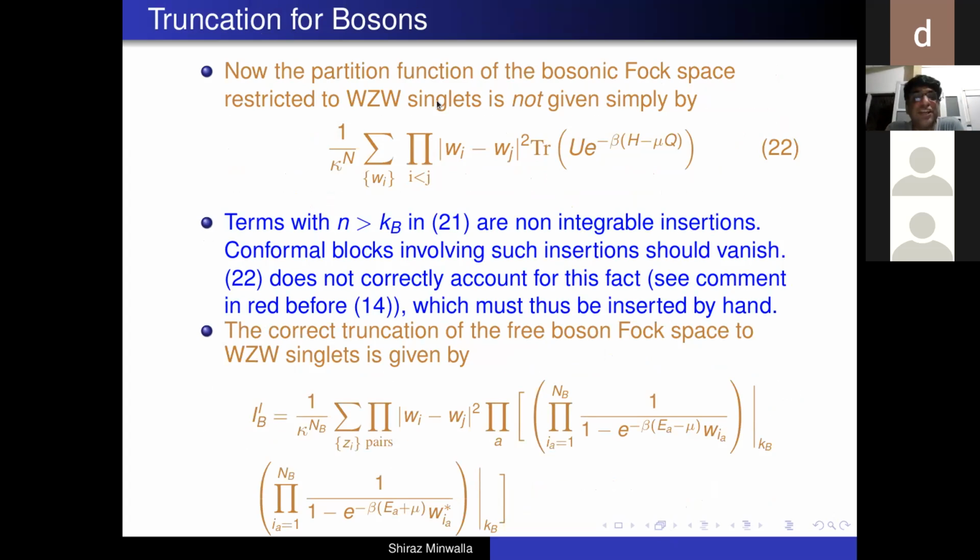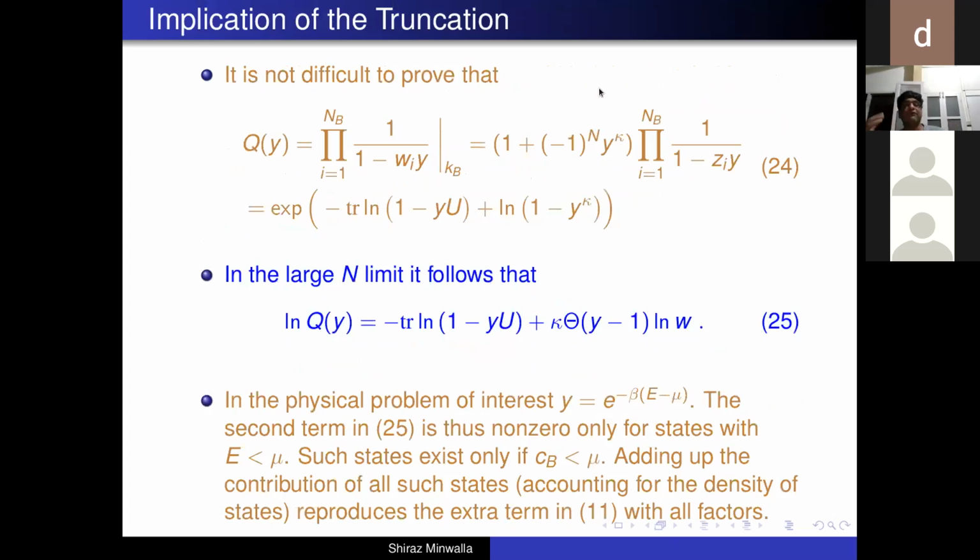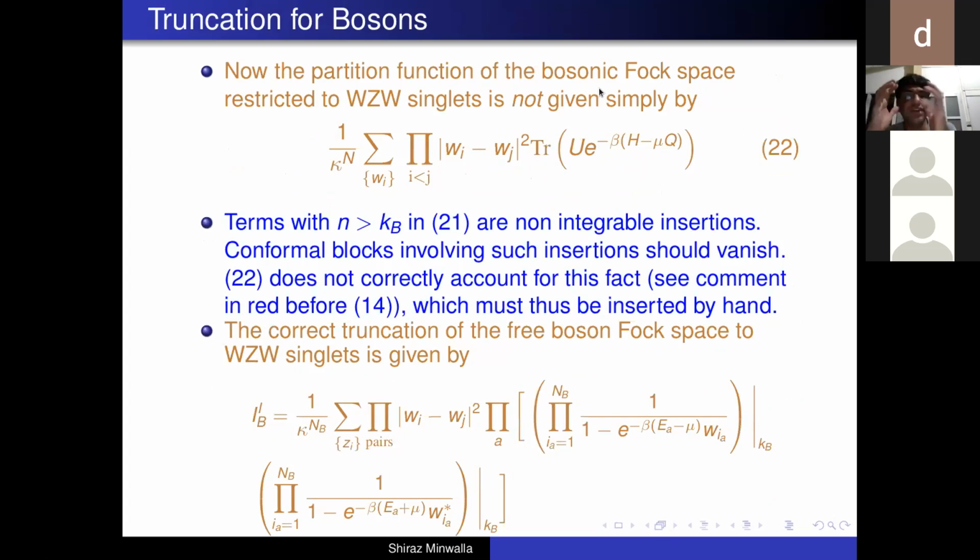Now, the partition function of the bosonic Fock space restricted to Wess-Zumino-Witten singlets, restricted to Wess-Zumino-Witten conformal blocks, is not simply given by this quantity. Why not? This is because it's a famous property demonstrated by Gawedzki and Witten that any conformal block involving integrable representations and one or more non-integrable representation automatically vanishes.